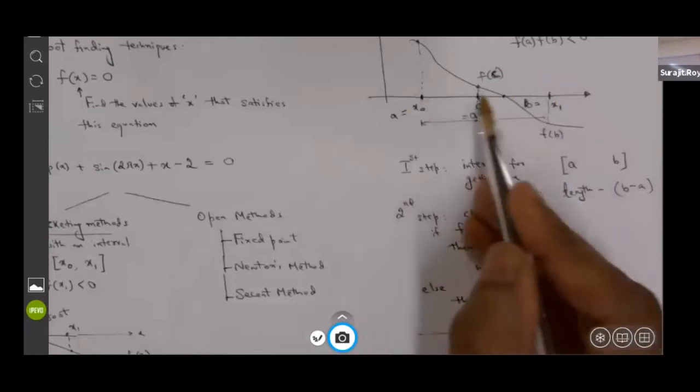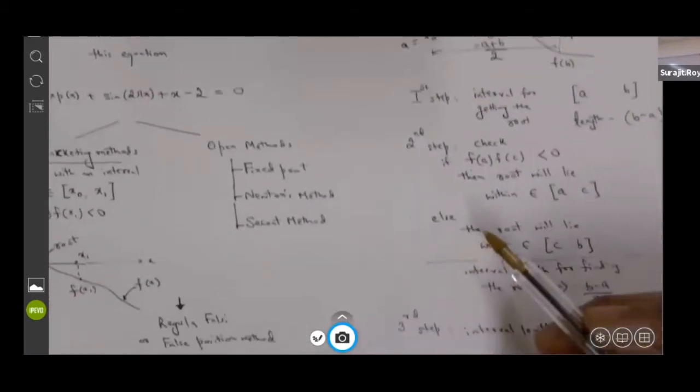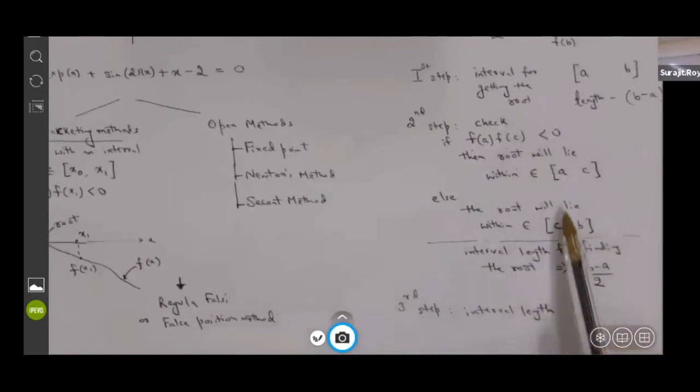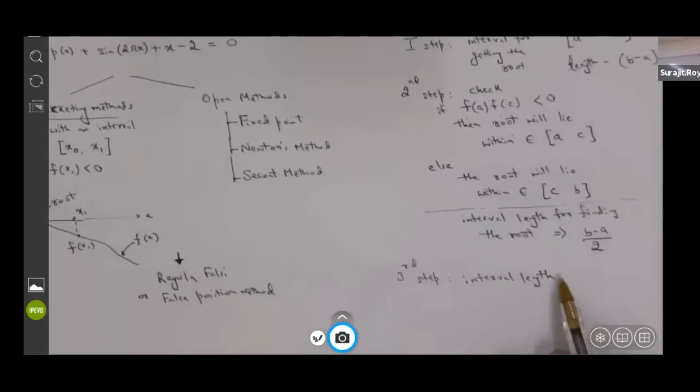Yes. In the second step, when I found the midpoint and checked, I found that the interval length has been reduced by half, to B minus A by 2. You are with me so far? Yes. So can you tell me what will be the interval length for the third step?